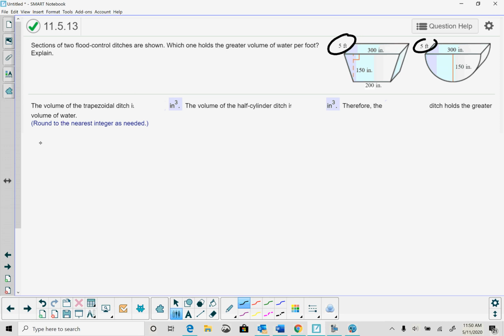So let's see, for the trapezoid, we're going to use volume of a prism. So we need area of the base. Well, in this case, the base is a trapezoid. Area of a trapezoid will take 1/2 times the height of the trapezoid, again that distance between the bases is 150, multiplied by the sum of the bases, which in this case is 300 and 200.